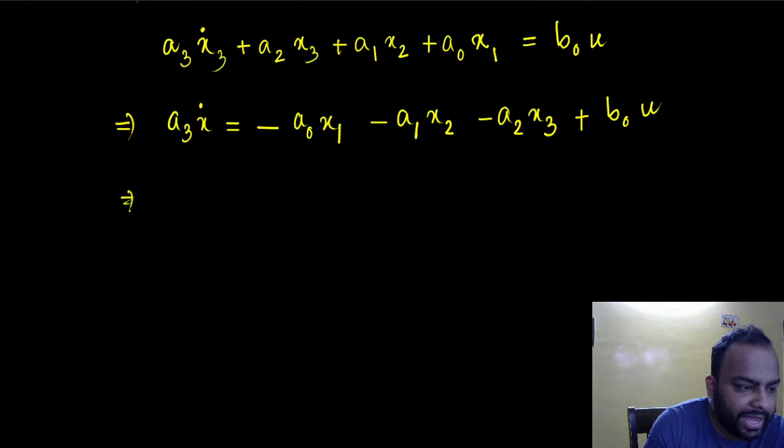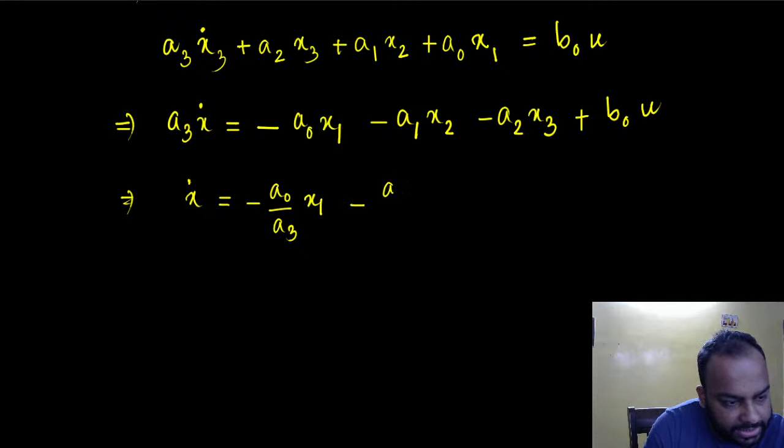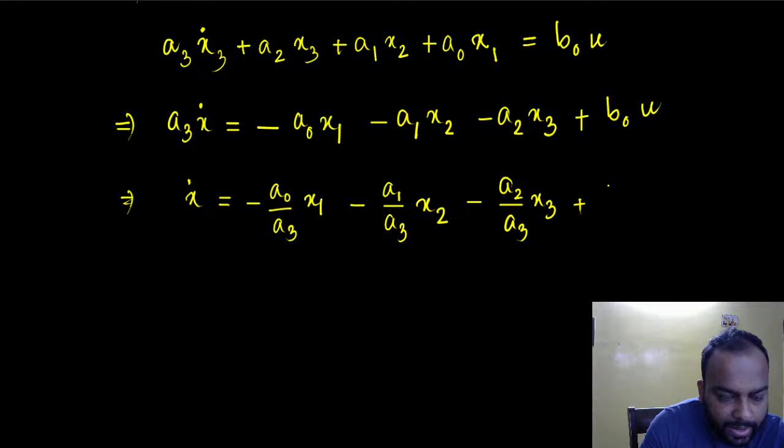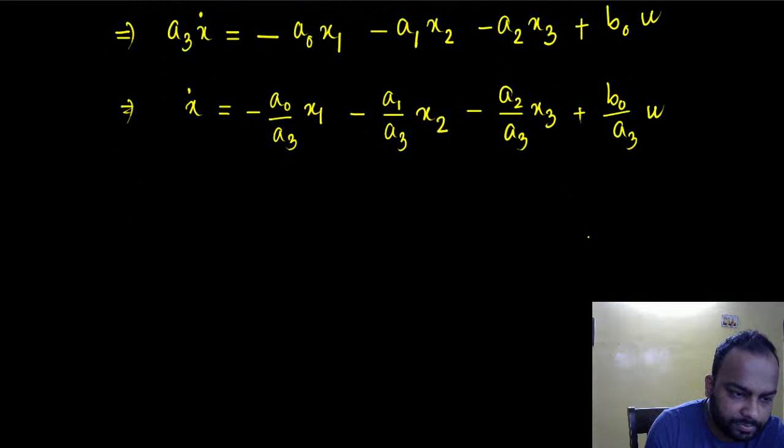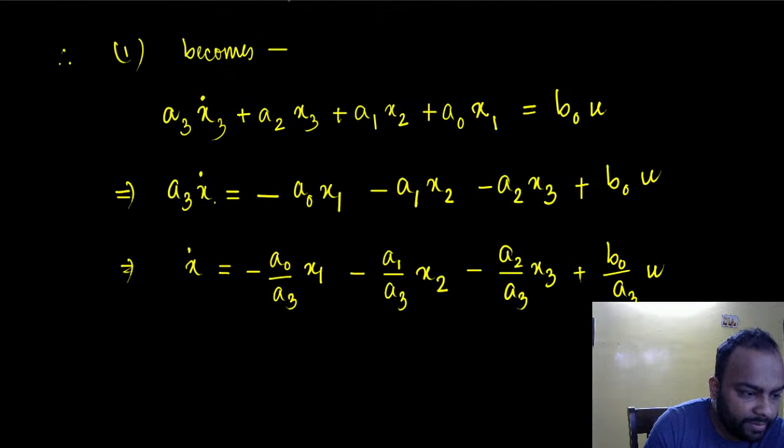Then I can write x3 dot is equal to minus a0 by a3 x1 minus a1 by a3 x2 minus a2 by a3 x3 plus b0 by a3 u. So now you can understand why I wanted to divide earlier: a3 goes in the denominator of everything.